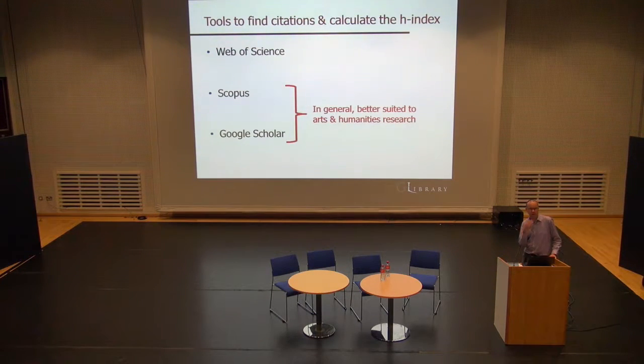Scopus and Google Scholar are better suited, with probably more arts and humanities research indexed in those databases, so you have a better chance of getting citations and publications recognised. But it's still not perfect, especially Scopus. Scopus and Web of Science you have to pay for through subscriptions, and Google Scholar is free. Google Scholar also indexes more books, theses, reports, and other outputs.